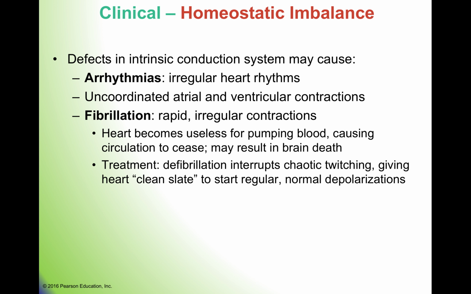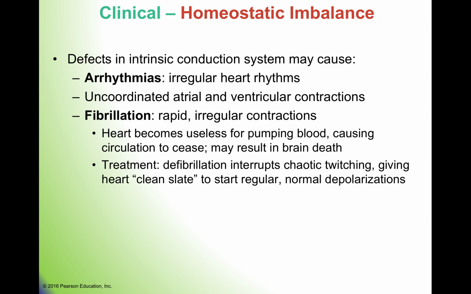A couple of imbalances that you can see in relation to the intrinsic conduction system. One is called arrhythmias, which basically means an irregular rhythm of your heart. This describes uncoordinated atrial and ventricular contraction, because the electrical impulses between the atria and ventricles are not correlating with each other.